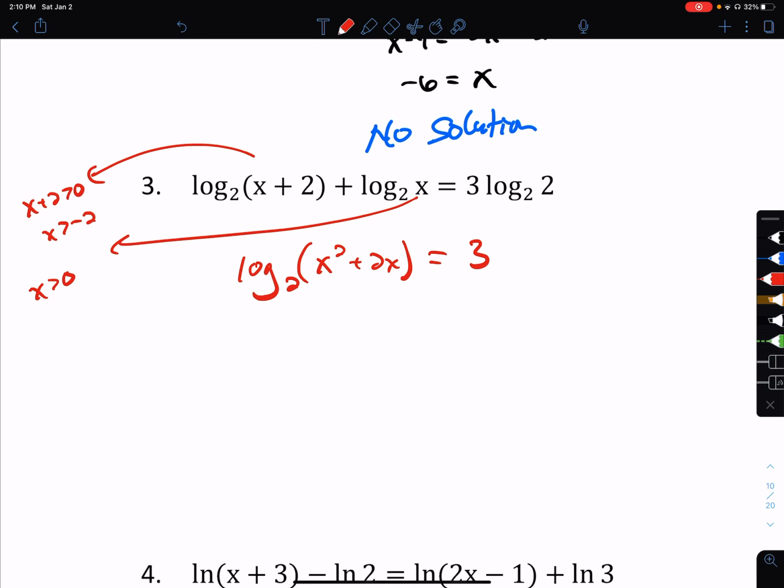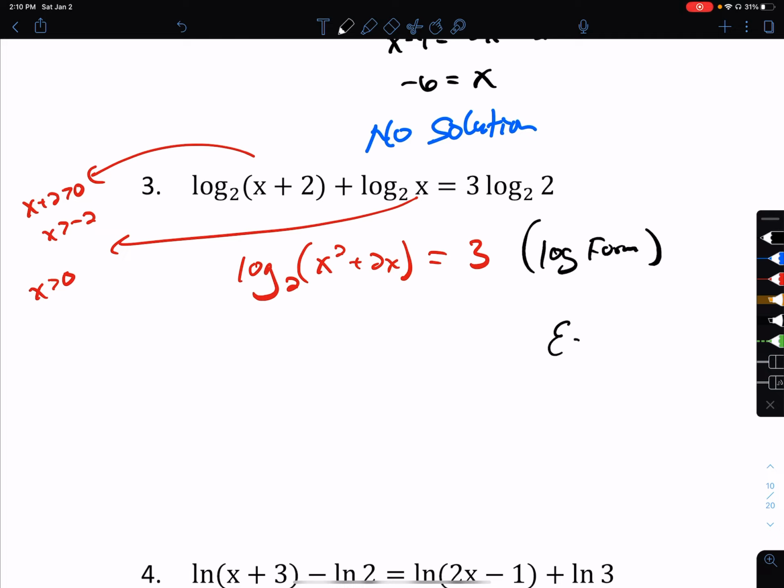Now when we get to this point, if you've written it this way, this would not be possible for us to use the property of equality for logarithms because there's no logarithm on the right. So what can we do? We can change this. This is right now in log form.